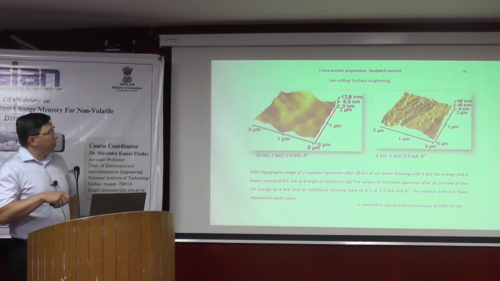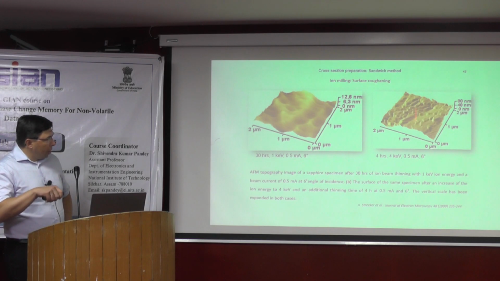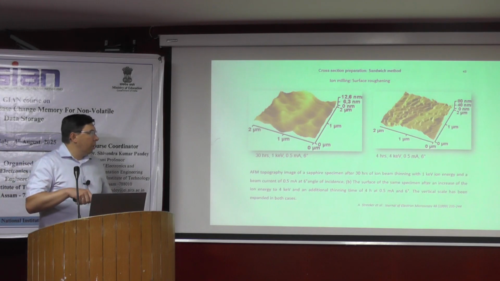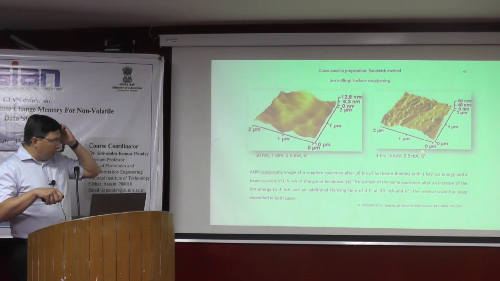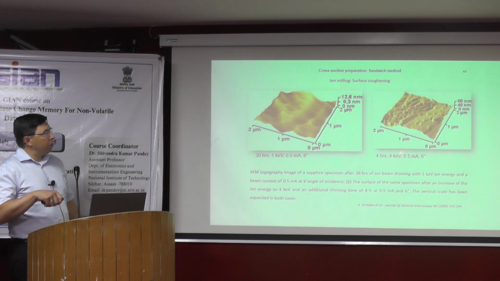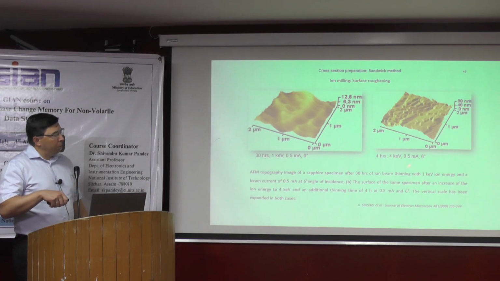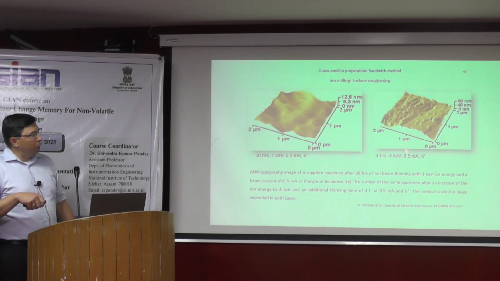If you start with thinning at 4 kV beam energy, at a given angle of the beam to the surface and beam current, after for example 4 hours you have a surface roughness of 80 nanometers. To get it smoother, you need to invest a little more time, but then you use less ion beam energy, and if you use less ion beam energy, you have to increase the time for ion beam polishing.